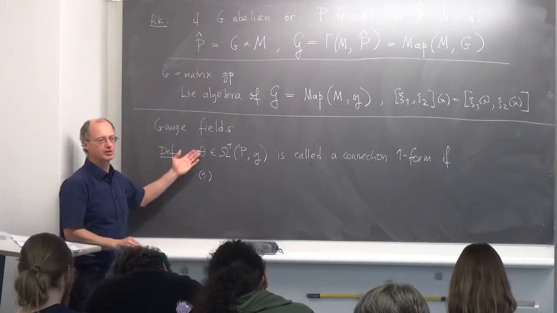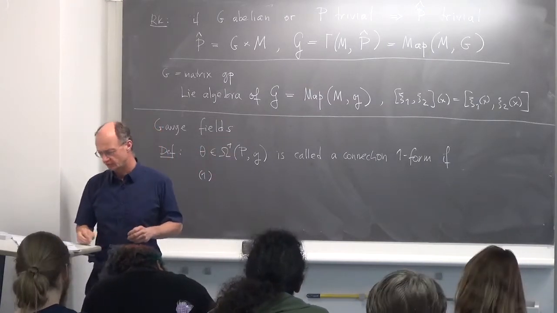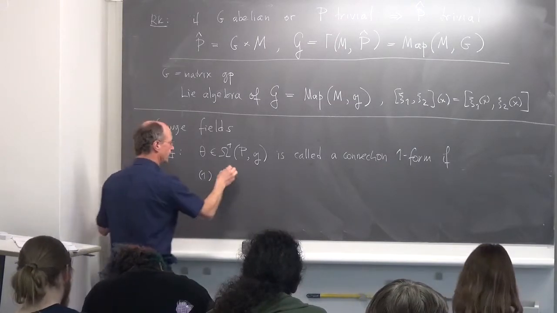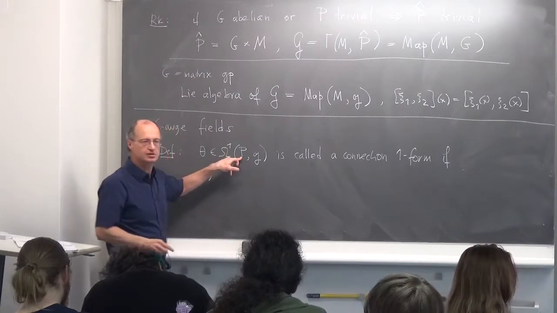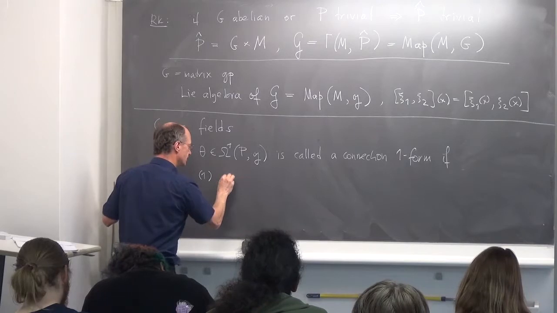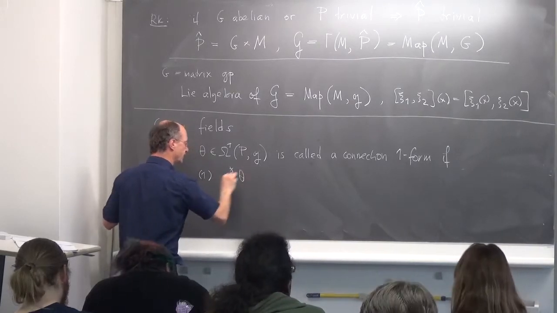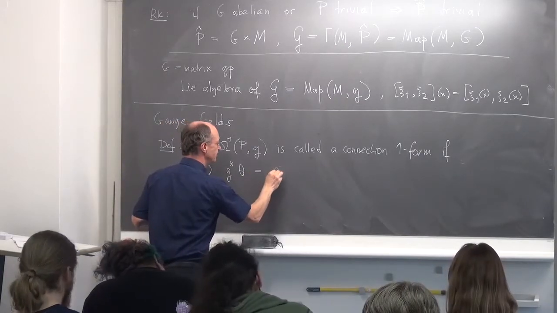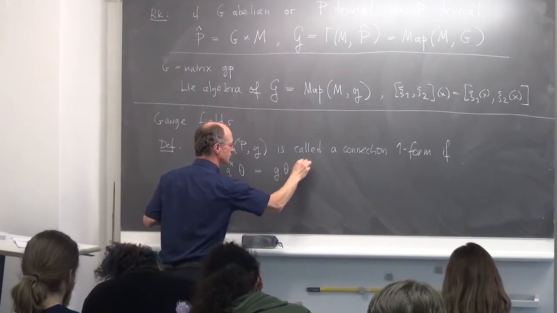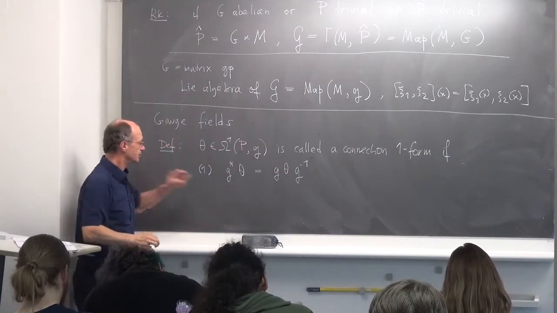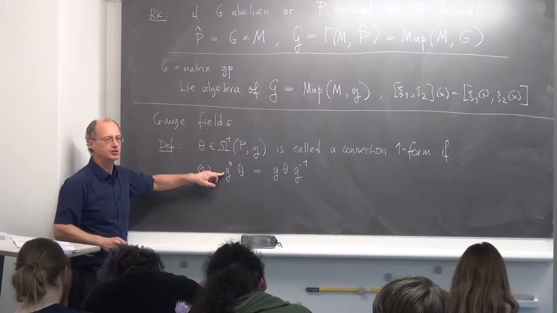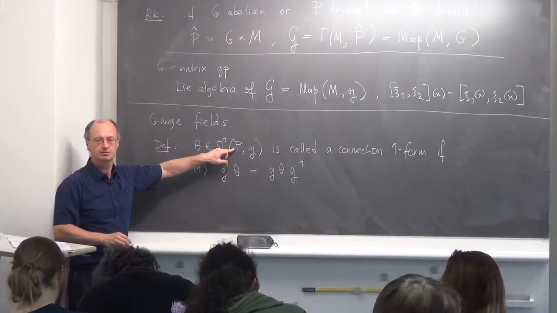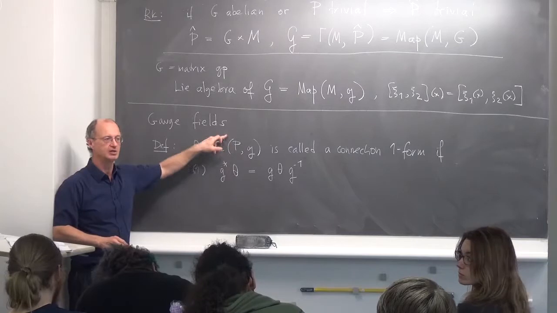Again, let me write them in a general case, and then maybe I show you how it relates to what we saw before with torus bundles. So the group acts on P, so we can take a pullback of theta under this action. Now let me write a formula and then discuss what it means. So here I'm acting by g. I'm thinking of g as a transformation of P, and I take a pullback of theta under this map.